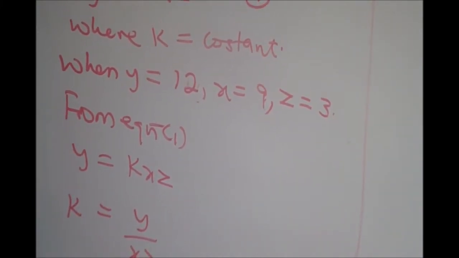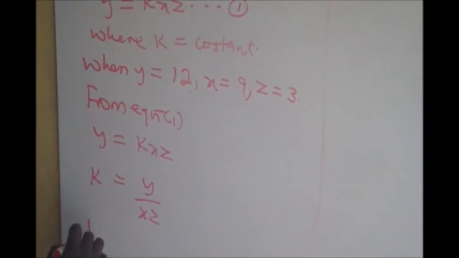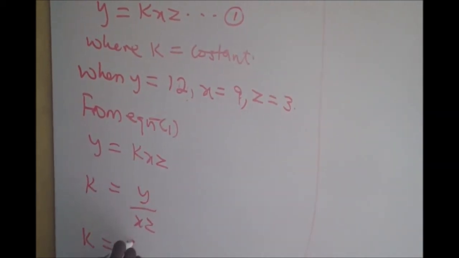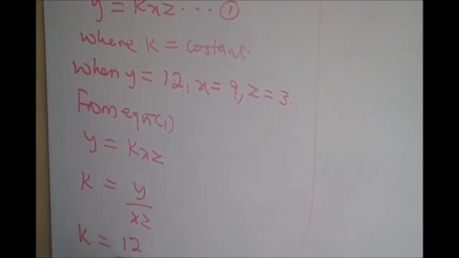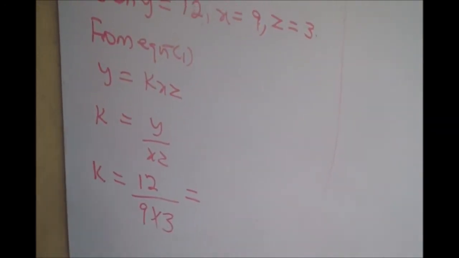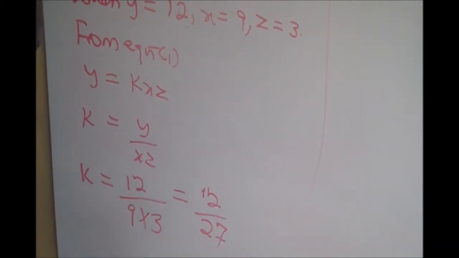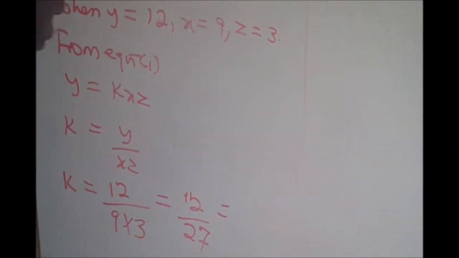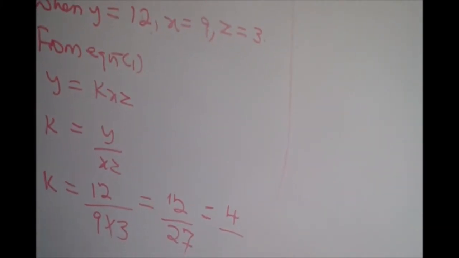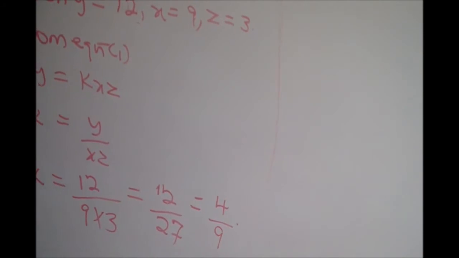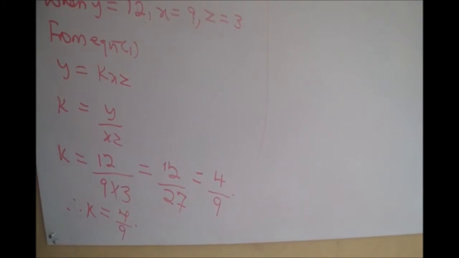If you now put in the values of y, x, and z, k will be equal to 12 divided by 9 multiplied by 3, which is 12 over 27. In its simplest form, 3 into 12 gives you 4, and 3 into 27 gives us 9. So the value of k is 4 over 9.